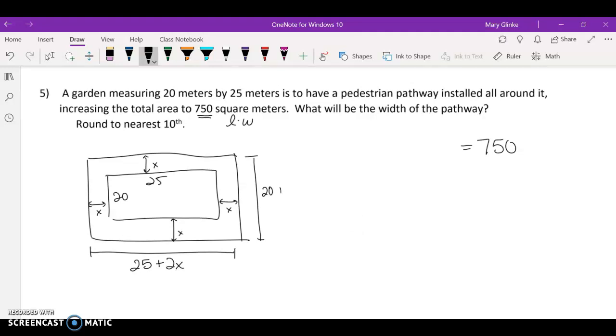The other one was 20, but I'm once again extending it by x on either side. So my new width is going to be 20 plus 2x. If I do length times width of my new length and width, I should get a total area of 750. So let's go ahead and distribute this and solve this.